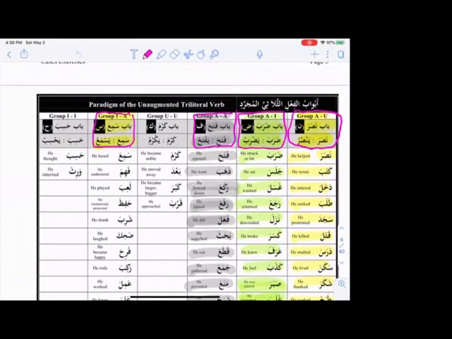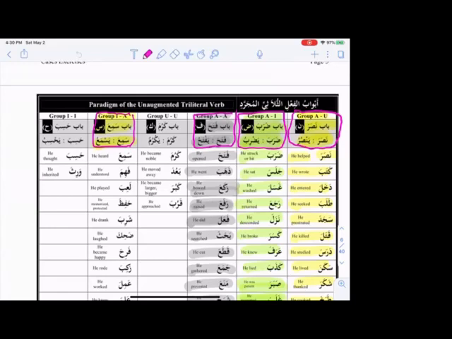And you see, I have here only 4 groups that I have circled and highlighted. These are the 4 groups you will be concentrating on, not the others, okay? Only these 4 groups: Nasara, Daraba, Fataha, Sami'a. So you will always be taking a verb from here and conjugating it.